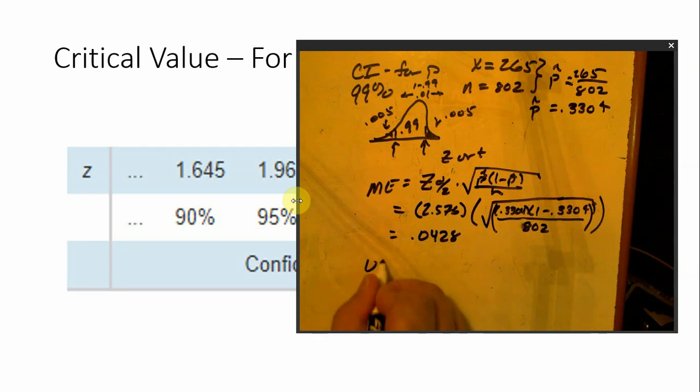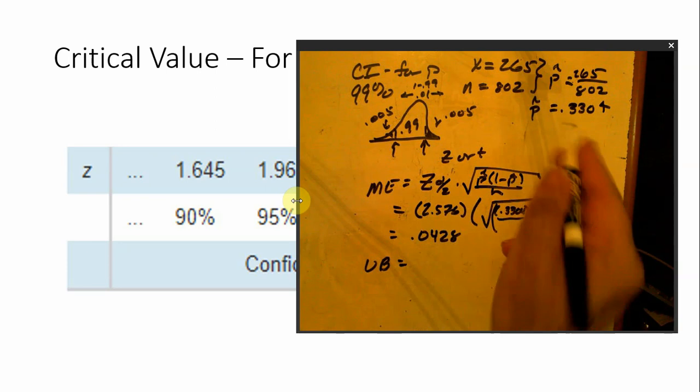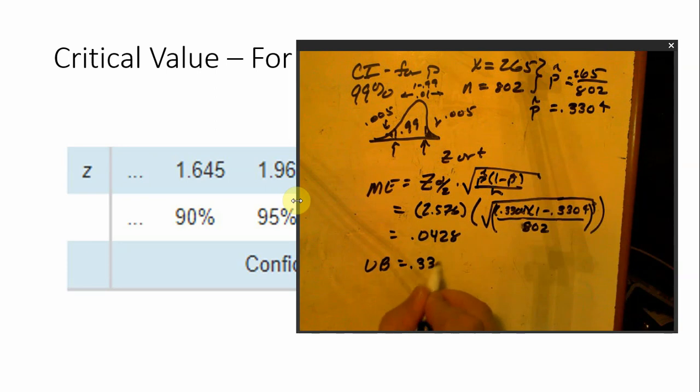And then all I've got to do now is my upper boundary. That's my point estimate, and the point estimate was just p hat, 0.3304 plus 0.0428, which is 0.3732.